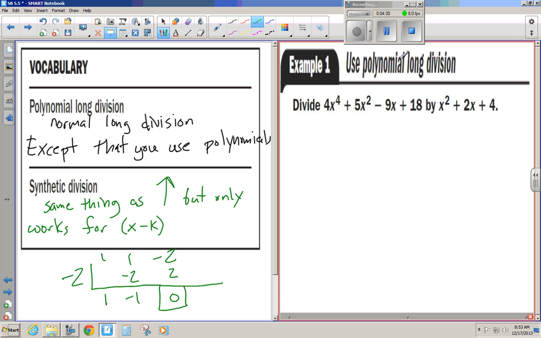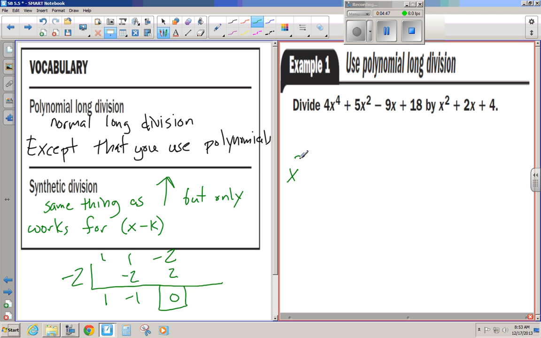All right, so we're going to use long division to do this example. Now I'm sure there's a bunch of work underneath it, but it's easier for me to show it in this way.